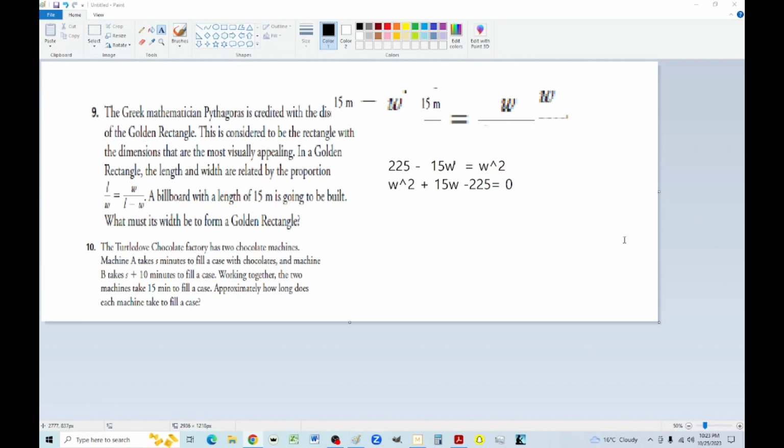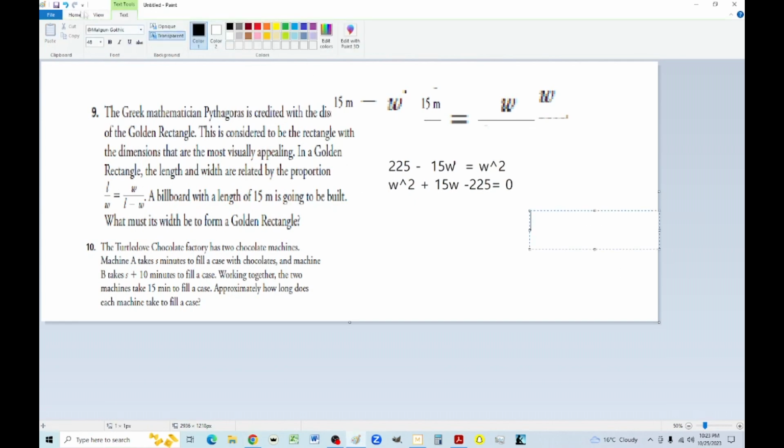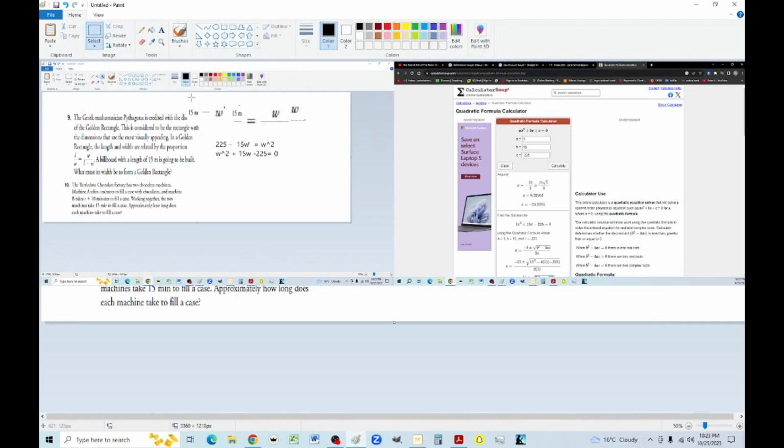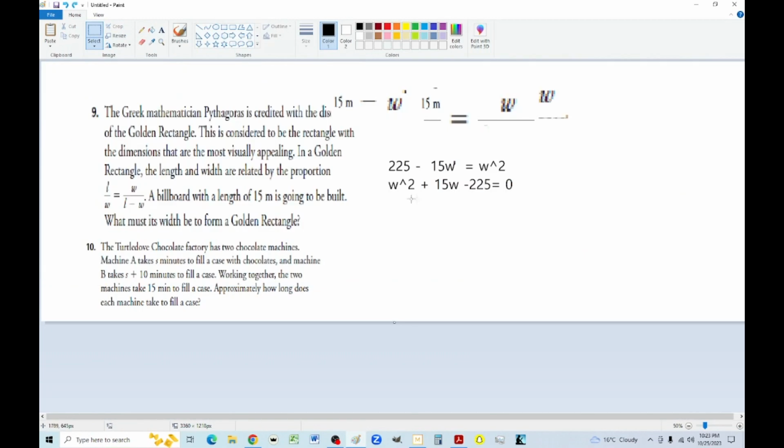And hopefully that's the right answer, unless I did a calculation error. It's really not that complicated. If I did a calculation error, big deal. You should still get the answers. They're saying the possible answers for W are minus 24 and 9. Now, obviously, you can't have a minus 24 length or width. So you can ignore that, and that's the only possible answer.